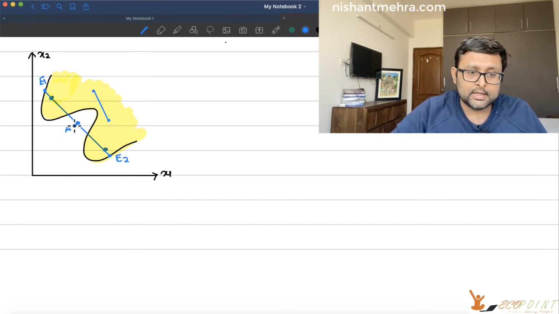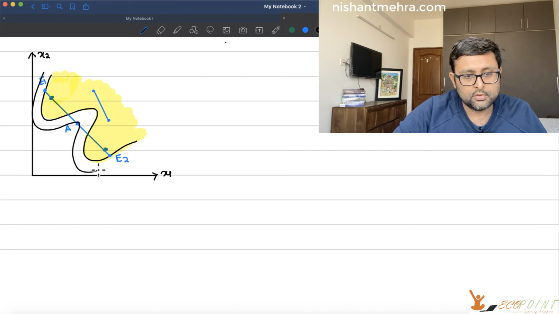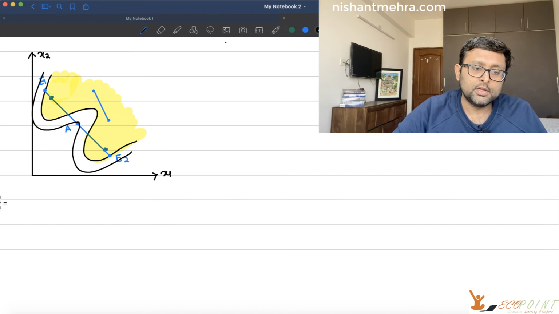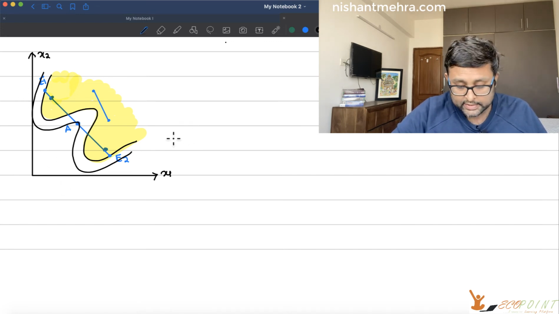Now, this average point is not preferred to these extreme points out here, because the indifference curve, maybe, which is passing through the average point is this. The indifference curve passing through the average point is this. So here in this case, the averaged bundle is like this.